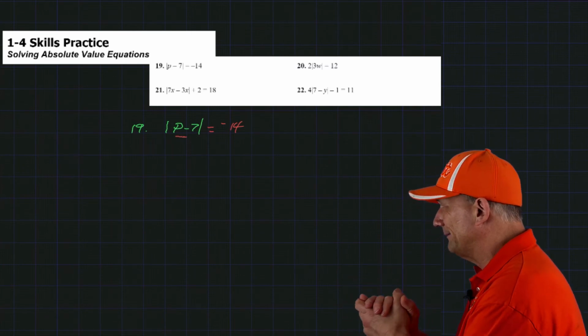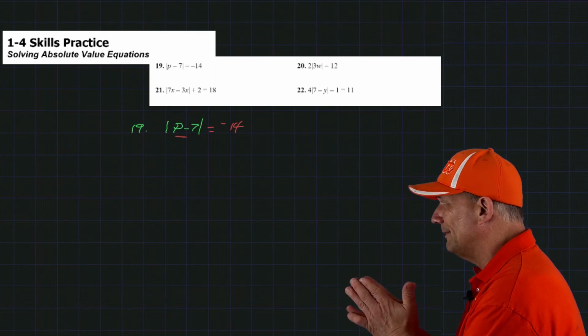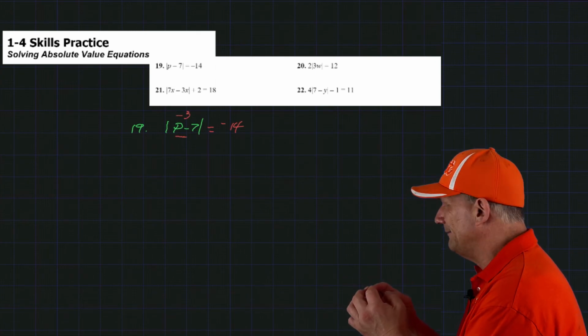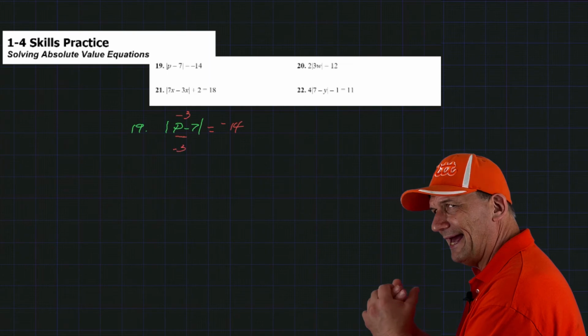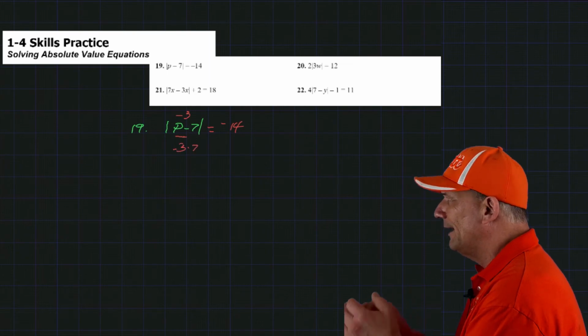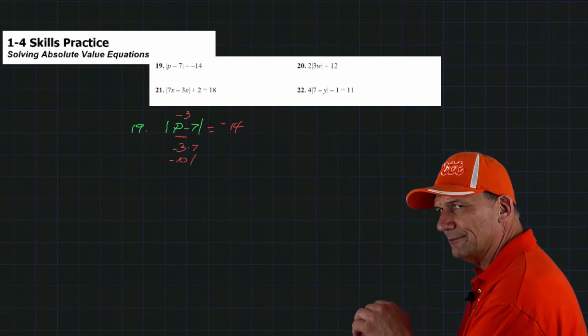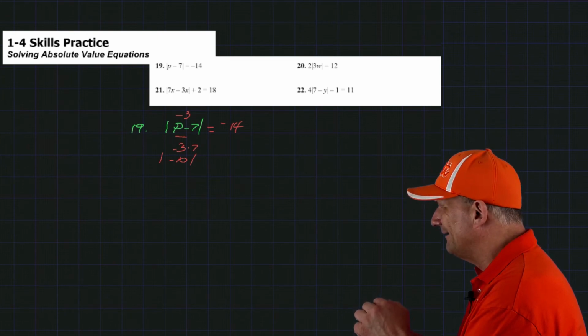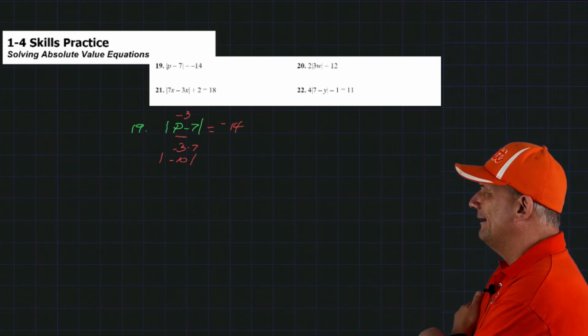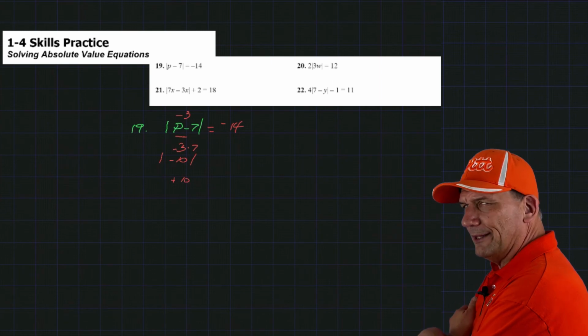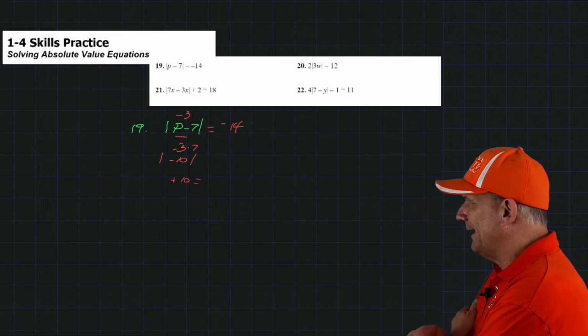Think about it for a minute. That cannot be true. Well, haven't we said that anything inside the absolute value brackets is going to be a positive number? So that being said, how can it equal -14? It can't.